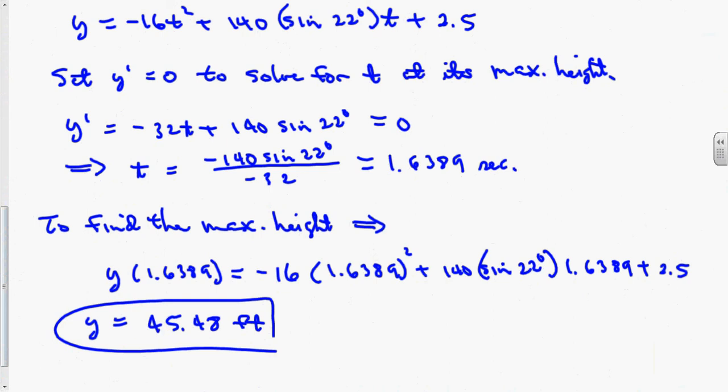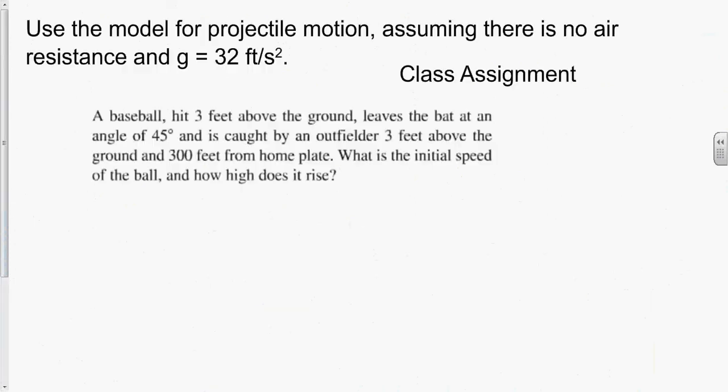What about this next one? See if I can find it. This guy right here. A baseball hit 3 feet above the ground, leaves the bat at an angle of 45 degrees and is caught by an outfielder 3 feet above the ground and 300 feet from home plate. What is the initial speed of the ball and how high does it rise?